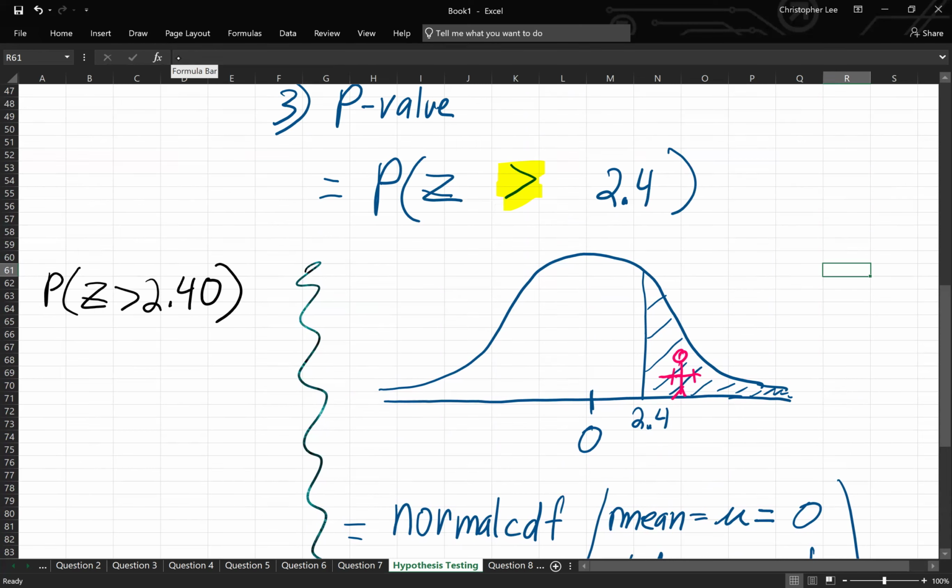So we have to do the complement of it, because we can't look up greater than, the table only gives us less than. So what does that mean? That means that we have to do 1 minus the probability of z less than 2.40. Okay, that being said, look up 2.40 for me. Give me that answer real quick.